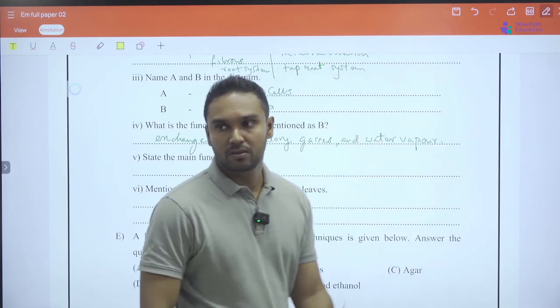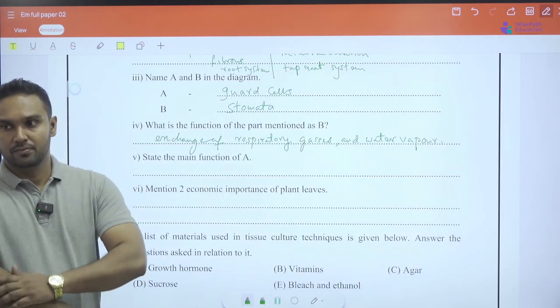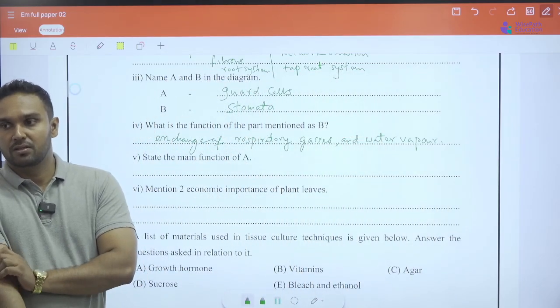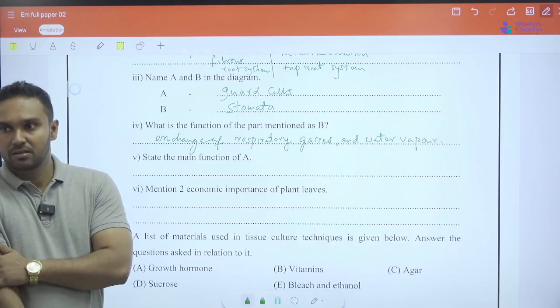Yeah. Controls the transpiration, isn't it?